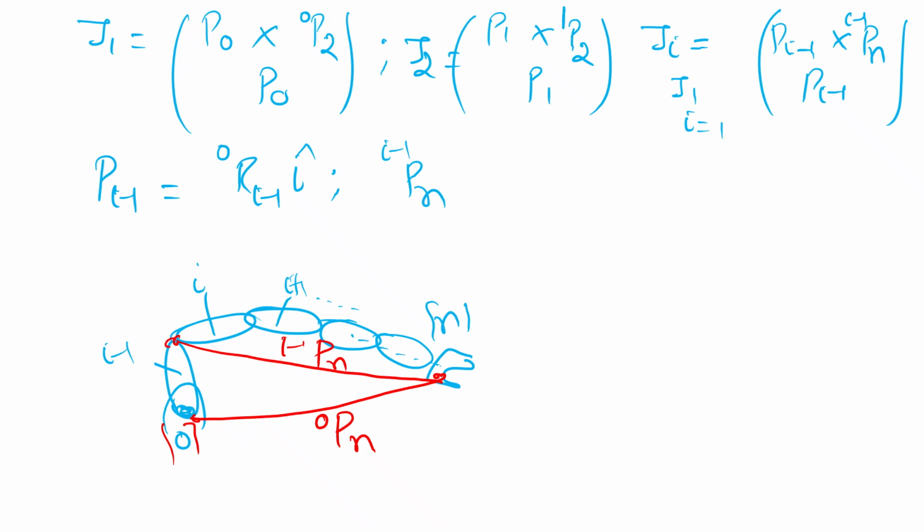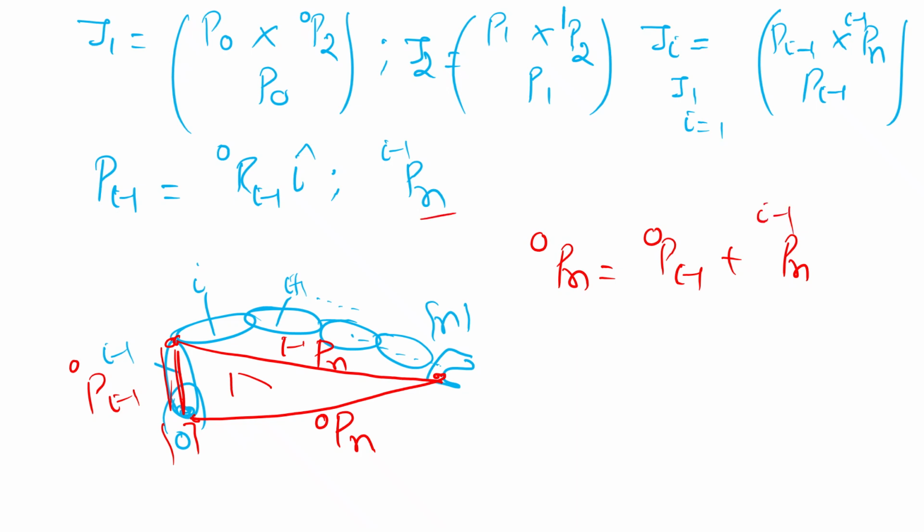And then this one: P(i-1) with respect to 0. Let's apply vector addition. So P(n,0) is equivalent to this and this: P(i-1,0) plus P(n,i-1). In this I want P(n,i-1), so P(n,i-1) is P(n,0) minus P(i-1,0). So this is the formula.